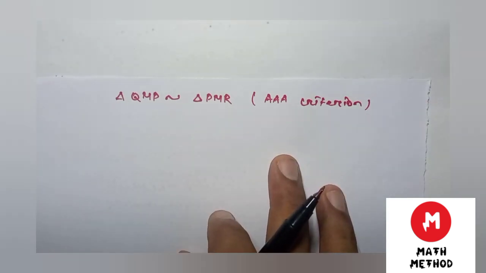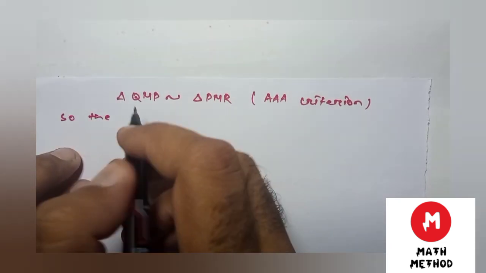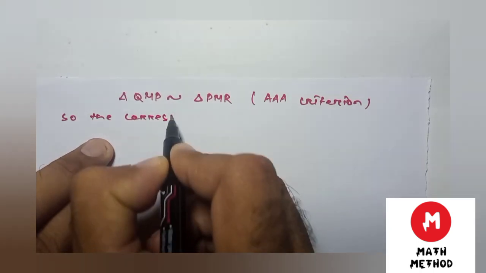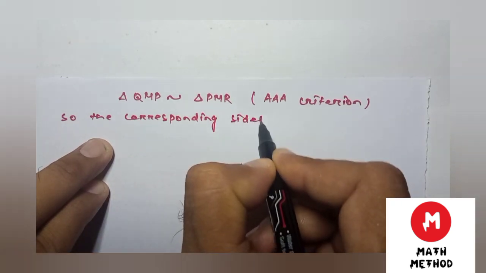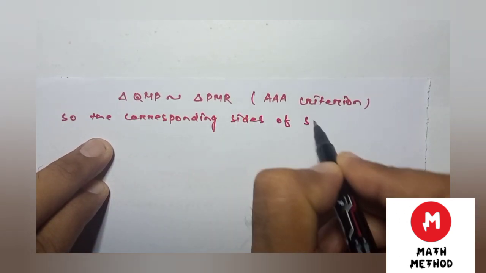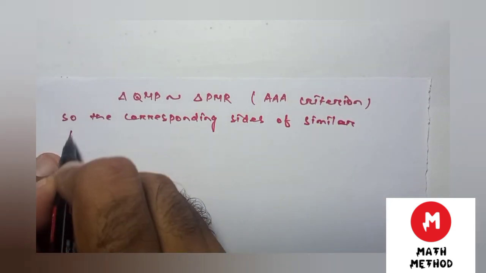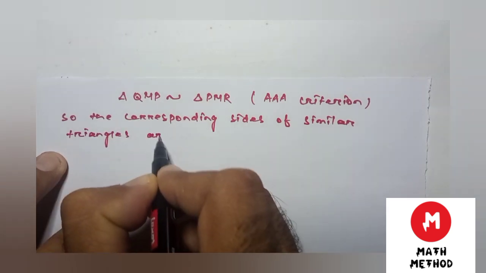Now by this we know that if two triangles are similar, then the corresponding sides of similar triangles are proportional.